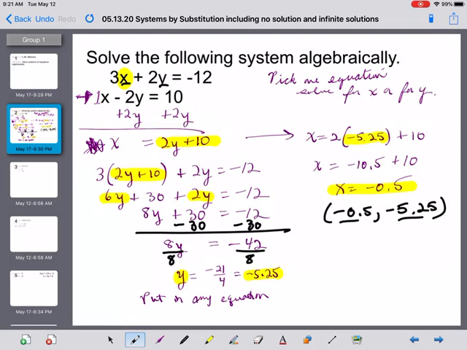And then you should see that they both work. So you take that time to check. And remember, what that means is when you graph these two lines, that's where they're going to intersect.